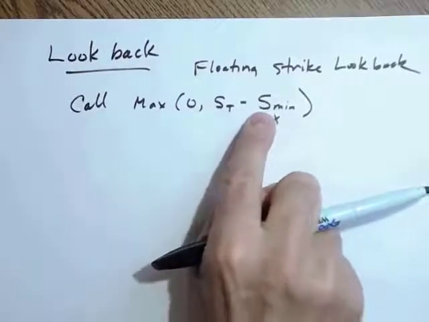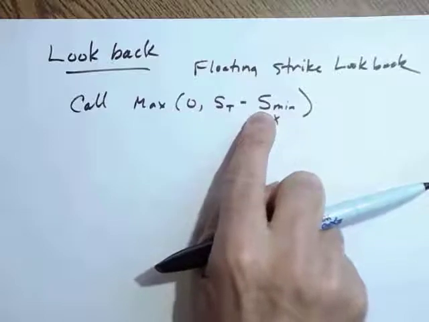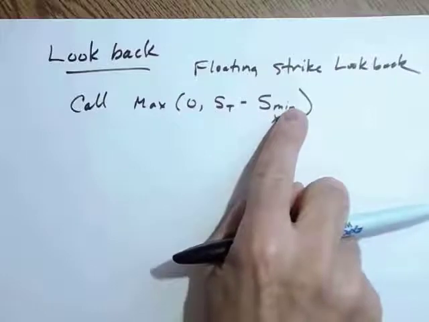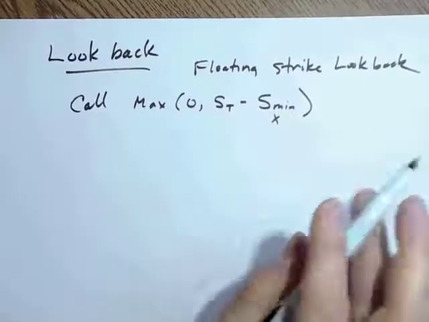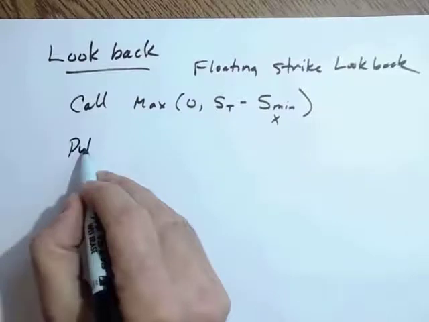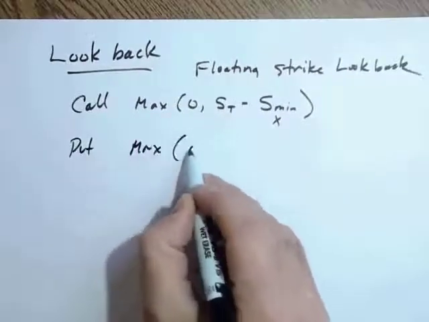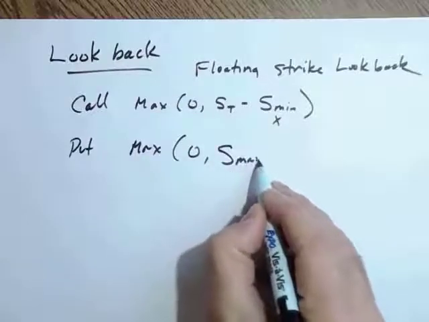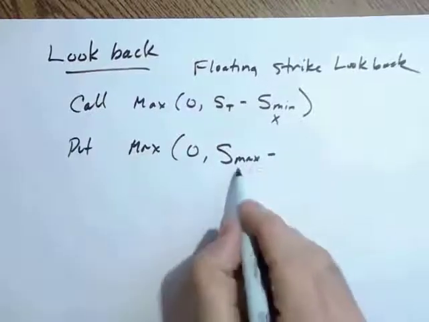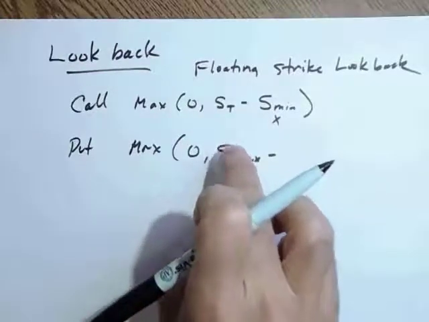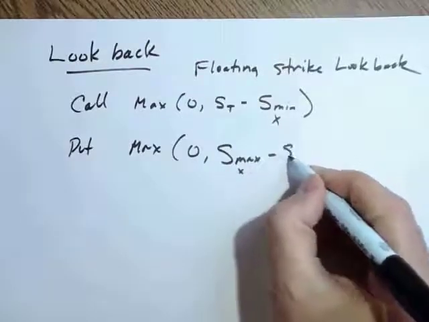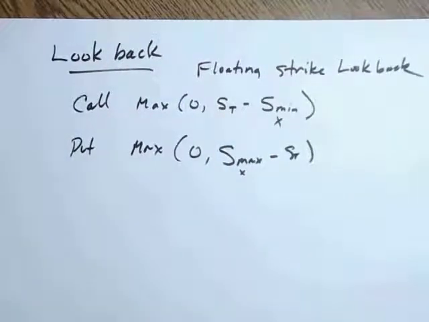But here we can pay a strike that could be quite low if the stock dropped significantly during the life of the option. That could be quite valuable. With the put, it's going to be the maximum of 0 versus the stock price maximum over the life, which is normally the strike, which is fixed, but now it could be very high because the stock could have been fairly high during the life of the option, minus the stock price at expiration. Those are the payoffs.